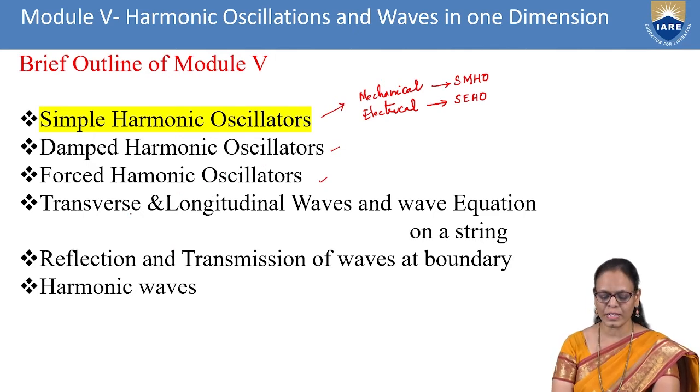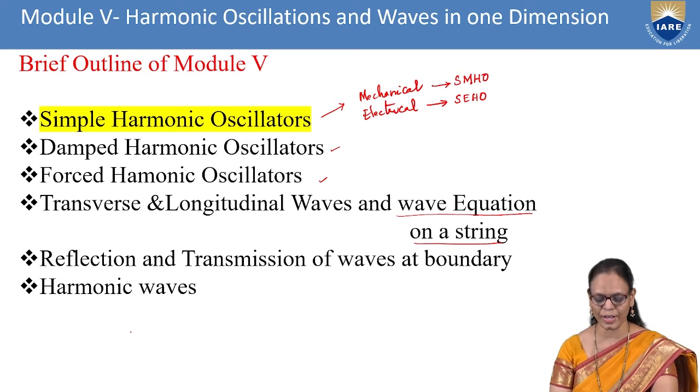And then we'll discuss waves. In waves, we are going to classify the waves into transverse and longitudinal waves, and also we are going to derive a general wave equation for a string, and then apply it to transverse as well as longitudinal waves.